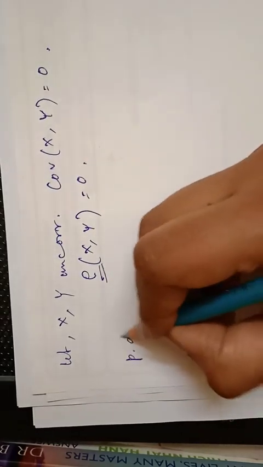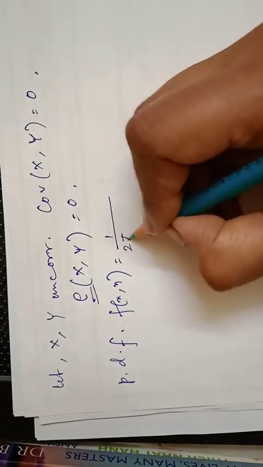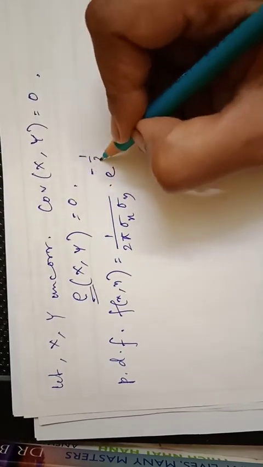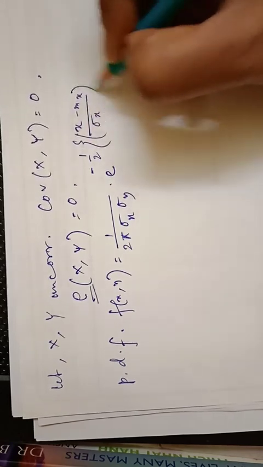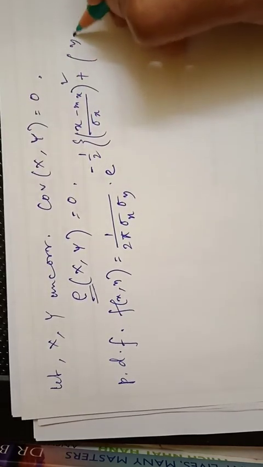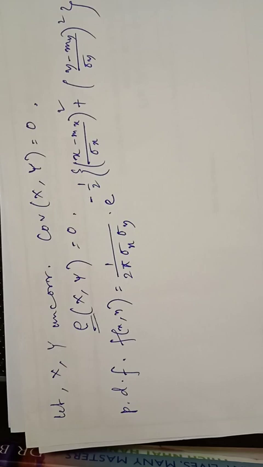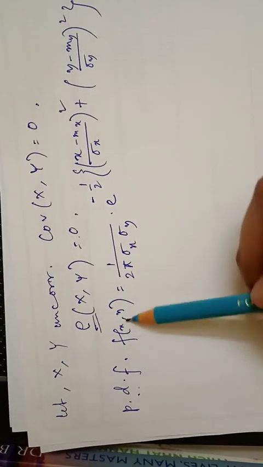The joint probability density function is f_{X,Y} equals 1 over 2 pi sigma_x sigma_y times e to the power minus half of ((x minus mu_x) by sigma_x) whole square plus ((y minus mu_y) by sigma_y) whole square. This is the joint probability density function for the bivariate normal distribution when rho equals 0.